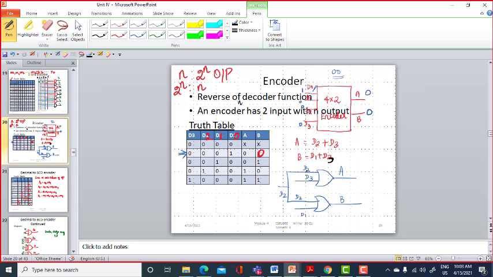So D3 is common, and A has D2 whereas B has D1. This is the implementation of the 4 cross 2 encoder by using logic gates.